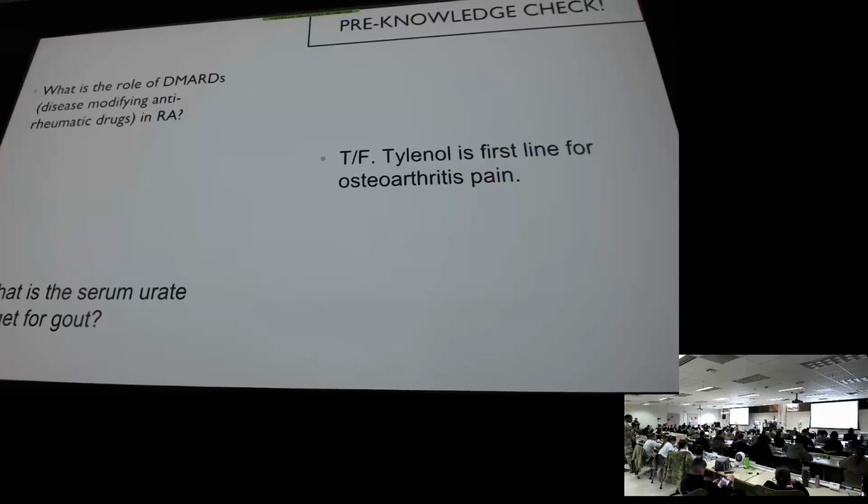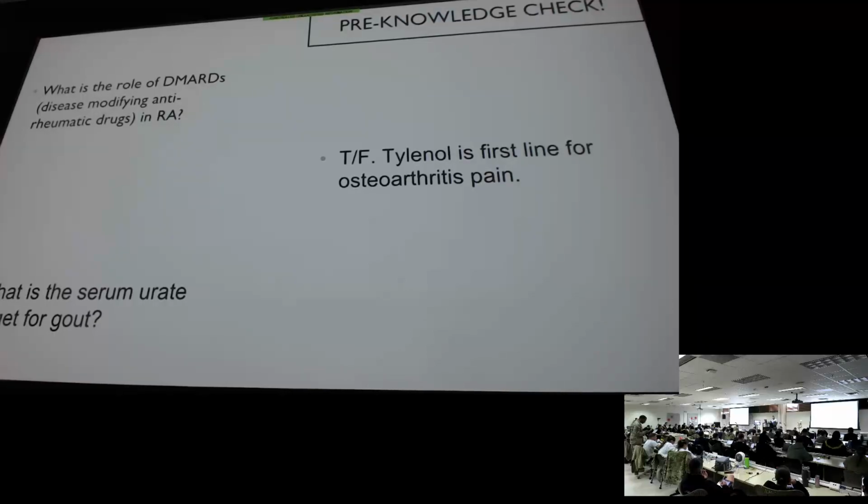True or false? Tylenol, first line for OA. Tricky, right? Because it used to be, yes, Tylenol first line for OA. But more recently, the guidelines are use an NSAID, but if you can't, okay, we can use some Tylenol. Obviously, Tylenol comes with risk, so we're going to discuss that further. It was historically recommended, but the American College of Rheumatology now says, if we can, let's use NSAIDs.